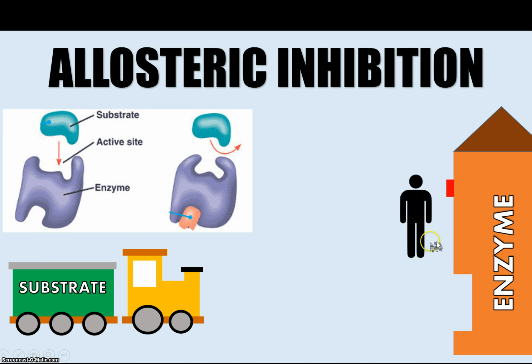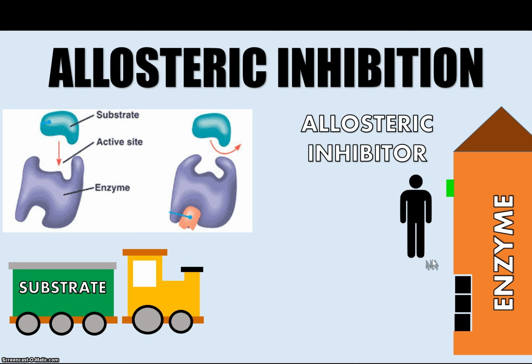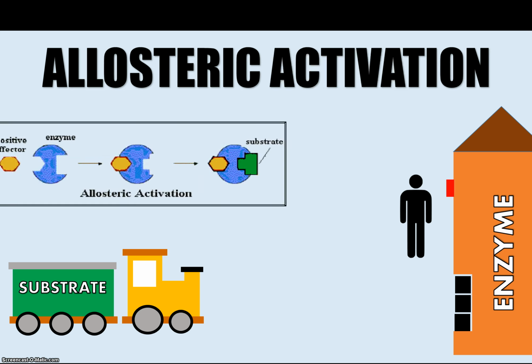So let's say we have this person here and they're going to push this button, or let's say a lever, on the enzyme or the train station, and it is going to cause a wall to develop on the enzyme. The important part of this compared to irreversible inhibition is that the inhibitor is acting at a different point instead of just the active site. And the person again is the allosteric inhibitor.